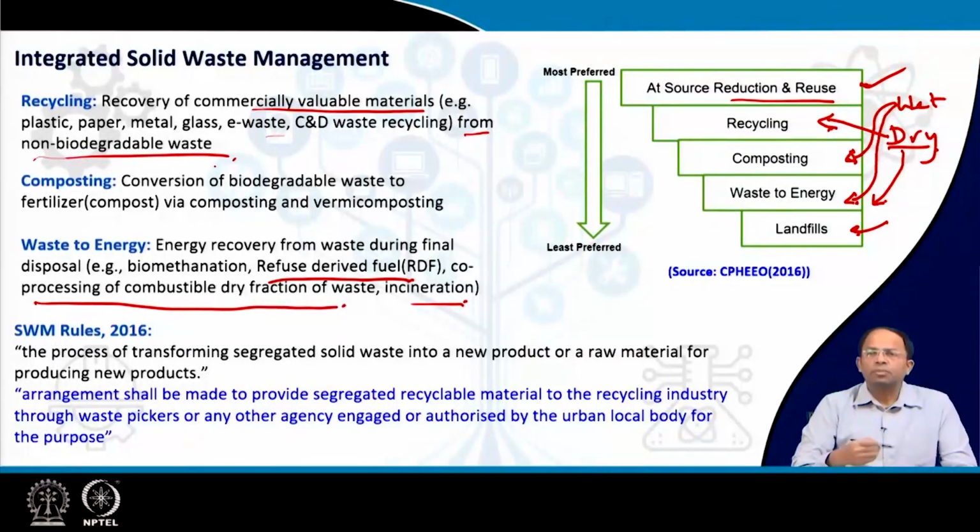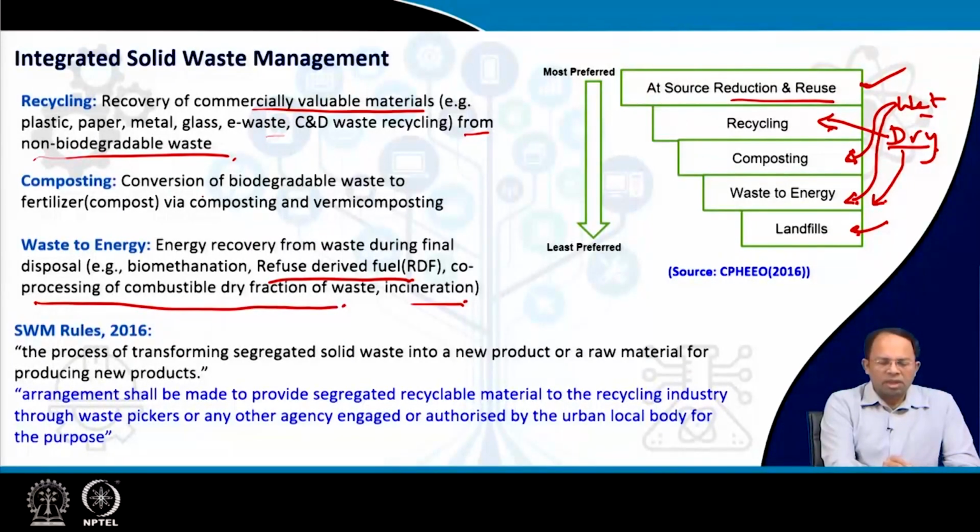But sometimes we don't have the wet and dry waste separated at source, so the waste is mixed. In that case, if the waste goes into the composting process, we may need to do pre-sorting of that waste, and we may generate some material which could be recycled as well, right? But in general, we say that the dry waste component or non-biodegradable waste could be recycled.